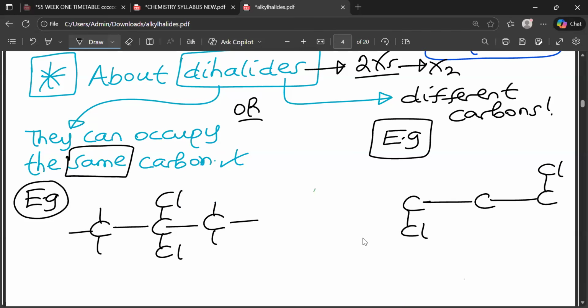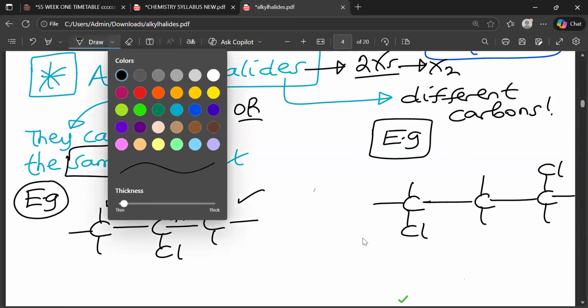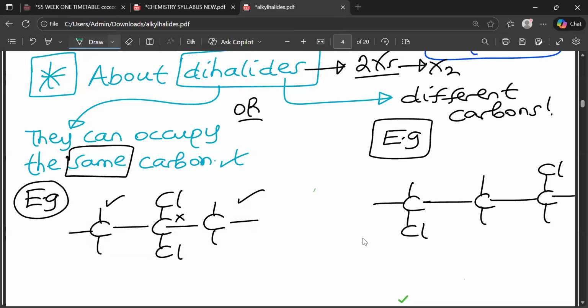This carbon had a balance of 3, this one had no balance, and the others have a balance of 2 each. Here the two Cls, the two X's, which can be Br or anything, are on the same carbon. Then here they are on different carbons: one Cl is on this carbon, the other Cl is on this carbon.